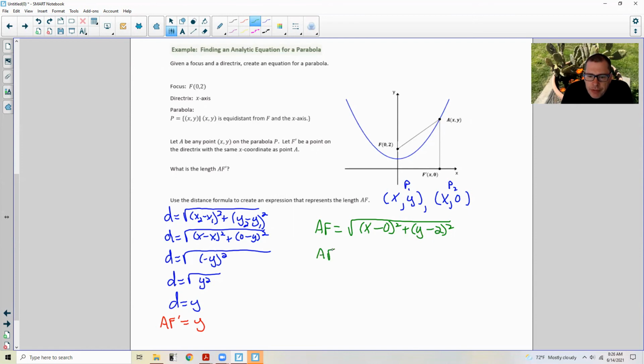So AF is going to equal the square root of x minus 0, which is simply x squared plus y minus 2 quantity squared. That's the length of AF using the distance formula.